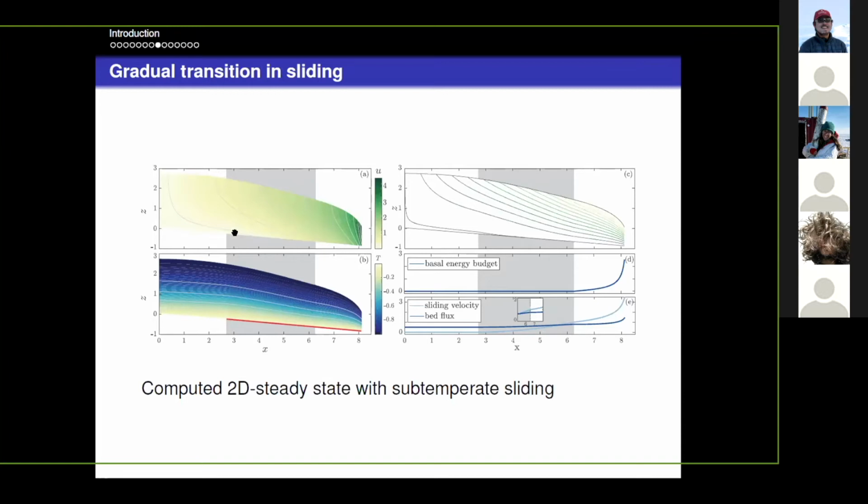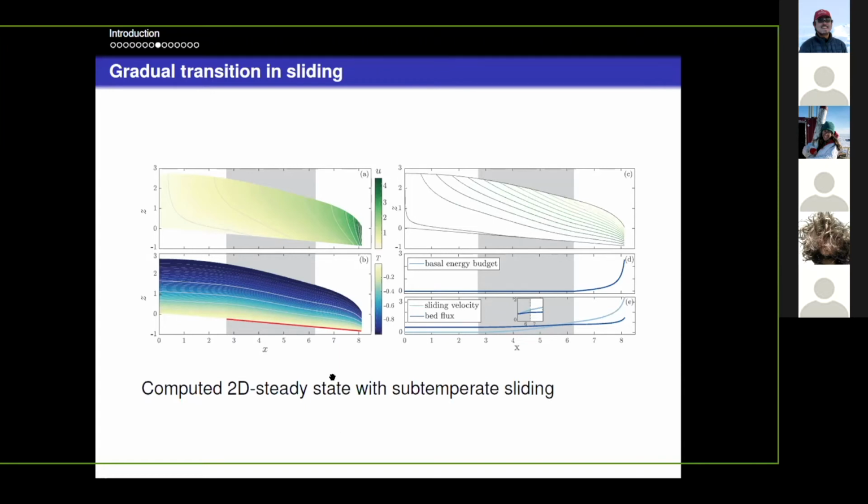This is isolines of horizontal velocity here. And you see that horizontal velocities are quite low to the left near the ice divide, where the ice is cold bedded. And then you have an extensive zone shown in gray, where you have sliding just below the melting point, and velocities start to increase until you reach fully temperate sliding on the right.